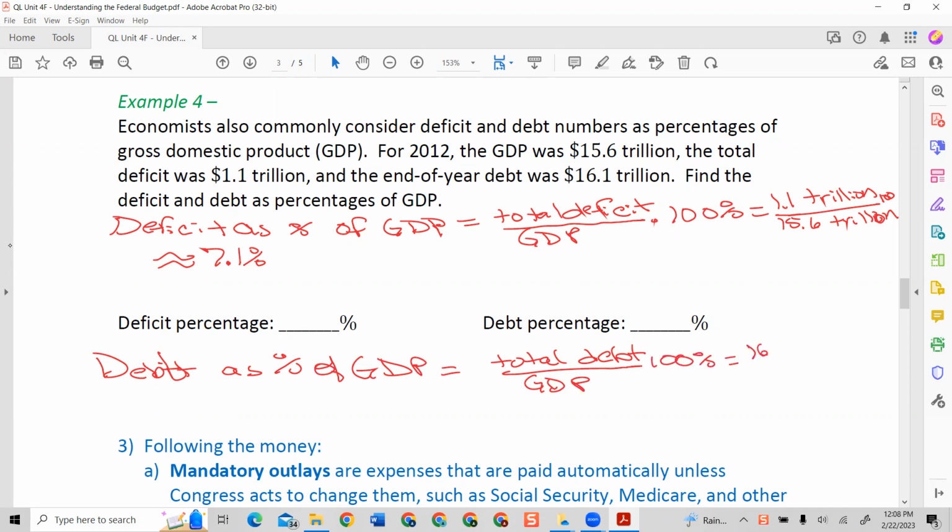So I got 16.1 trillion divided by the 15.6 trillion times 100%. And I'm going to round to the nearest whole number. And I got 103. So 7.1 and 103. There we go. So both values are high relative to historical averages, but not by nearly as much as the actual dollar numbers suggest. Okay, so let's move on.